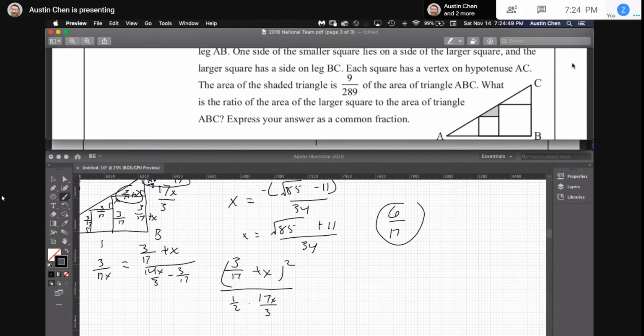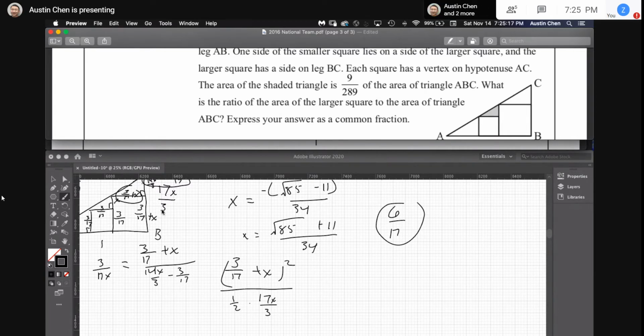I guess this problem is moderately hard. Really, you have to use the two-dimensional scaling to one-dimensional scaling, which is really nice, and then see that those are similar triangles, and after that, it's pretty simple.